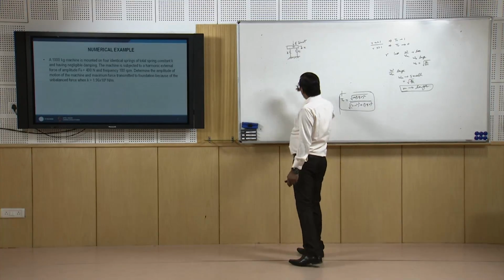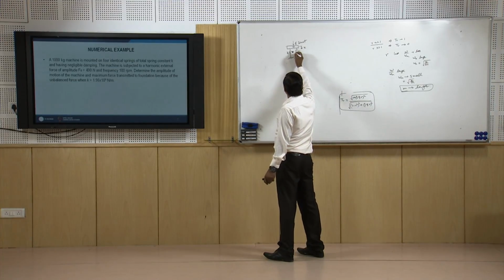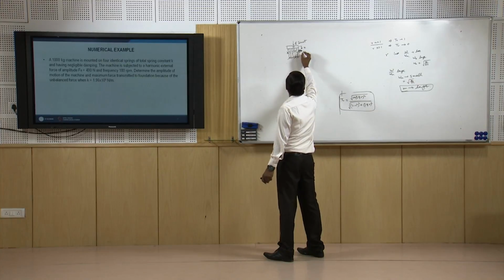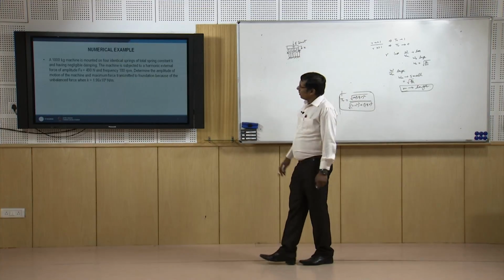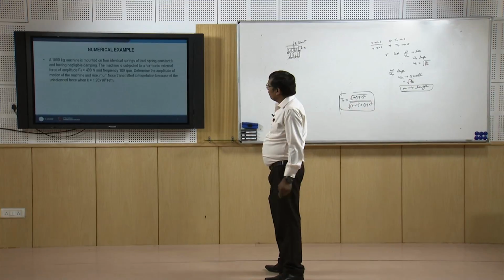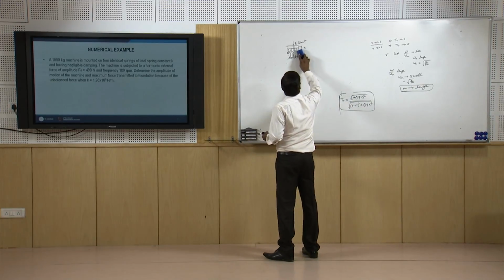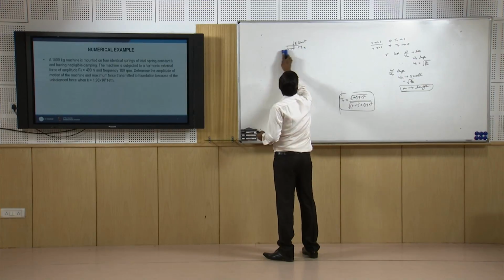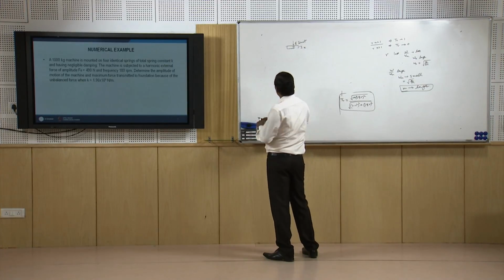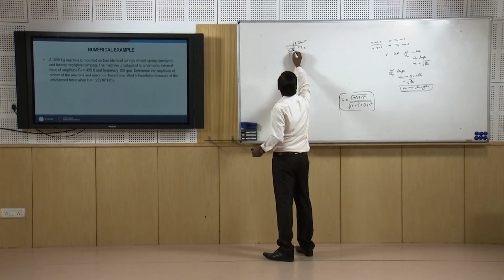So here we have 4 springs, 1, 2, 3 and 4, and similarly 4 dampers. But here it says negligible damping, so we have no damper. We have only 4 springs.